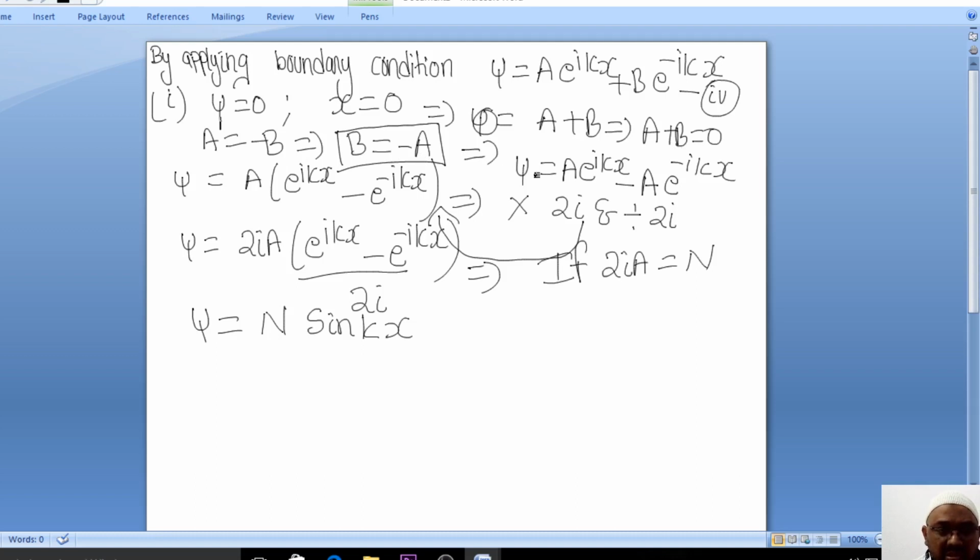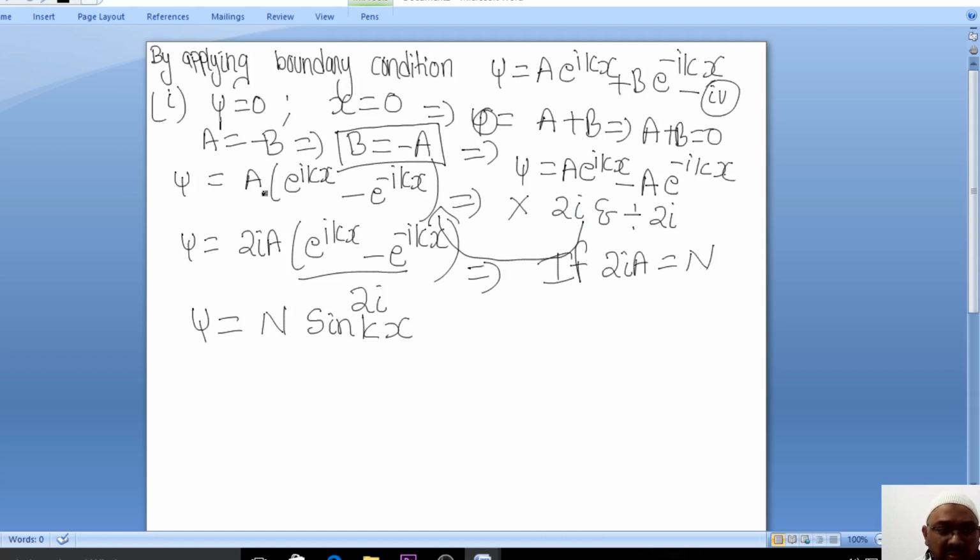So I have just substituted the value. Instead of B, what can I substitute here? Minus A. So psi is equal to A e to the power of ikx minus A e to the power of minus ikx. Now what we are doing is that to the right hand side of this equation, we are multiplying and dividing by 2i.